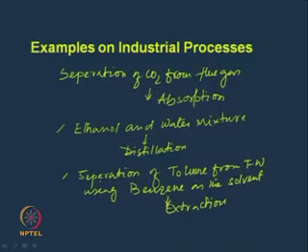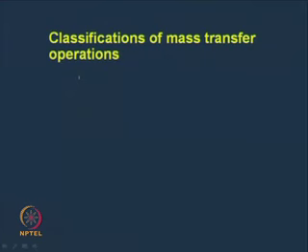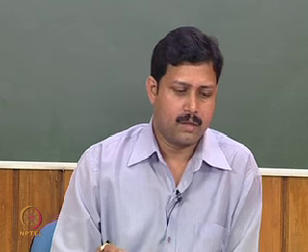industrial processes. Now, let us classify mass transfer operations. If there are multi-phase systems, as we know, we have three states: gas, liquid and solid. With these three phases, we can have 6 combinations of phase contacts.